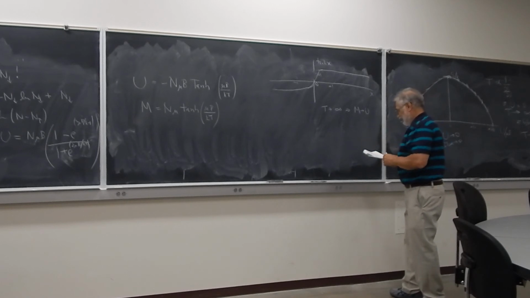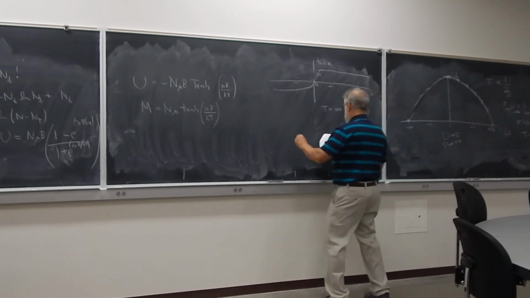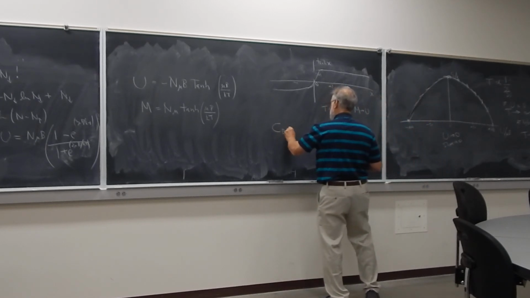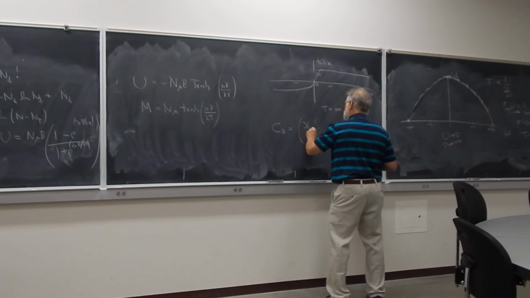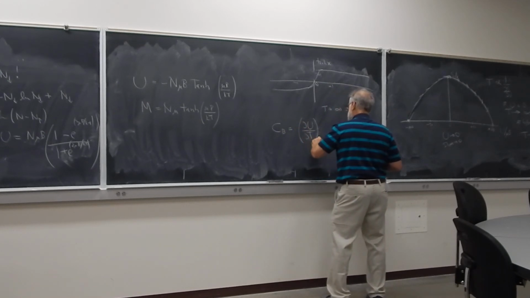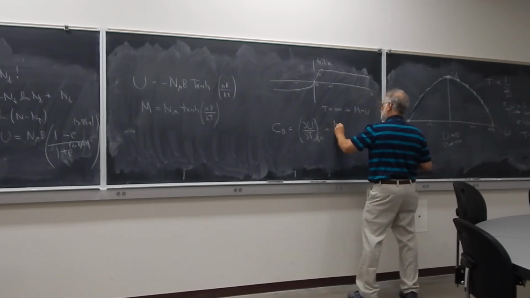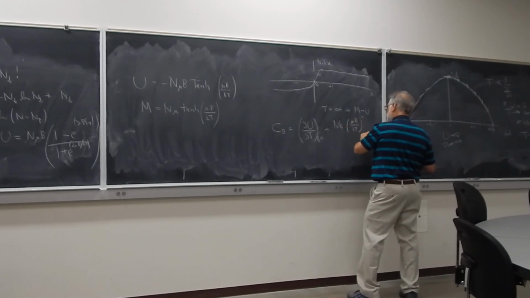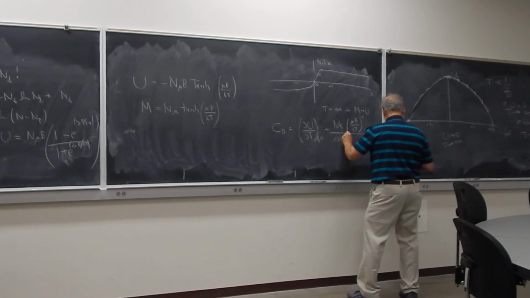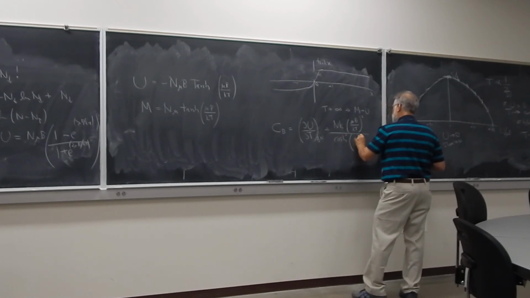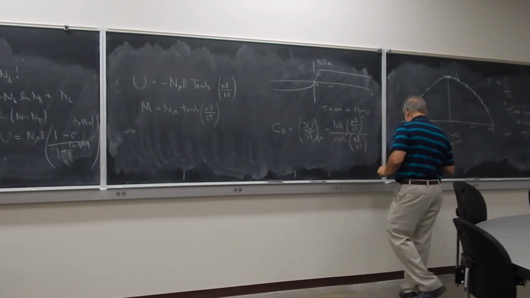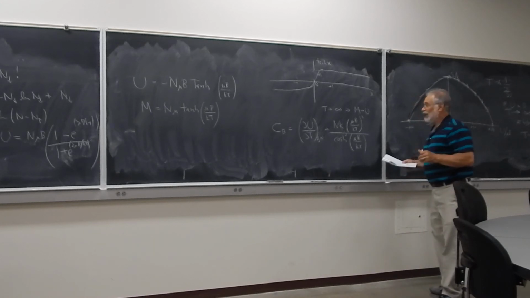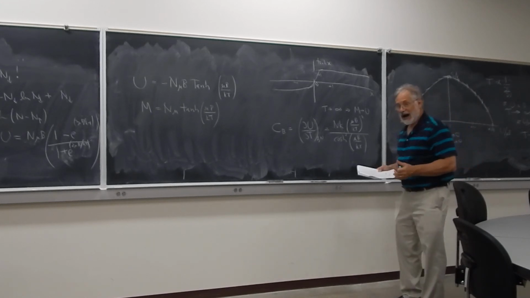By the same token, the heat capacity at constant magnetic field can be written as the derivative of the energy with respect to temperature at constant field and constant number, and that's going to be Nk times (mu B over kT) squared divided by the hyperbolic cosine squared of mu B over kT. So we approach 0 at both high and low temperatures.